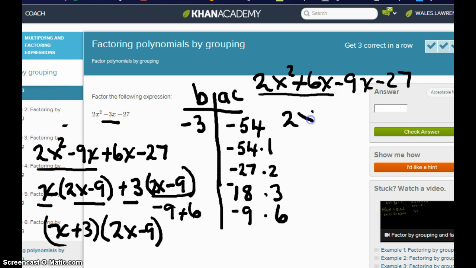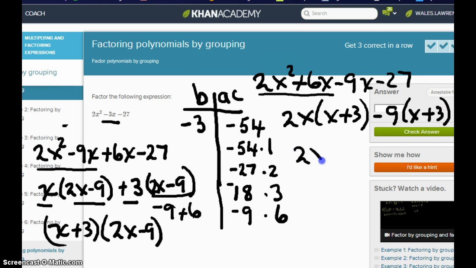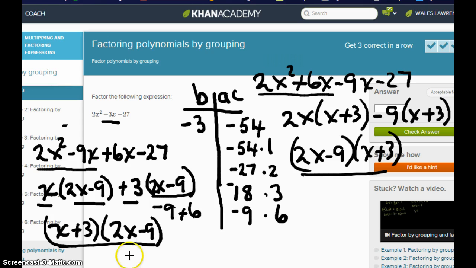GCF here is 2x, which leaves me with x plus 3, minus 9 times x plus 3 gives me 2x minus 9 times x plus 3. And so you can see that it doesn't make a difference which order I put these parts of the b in.